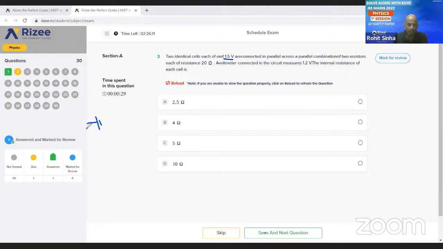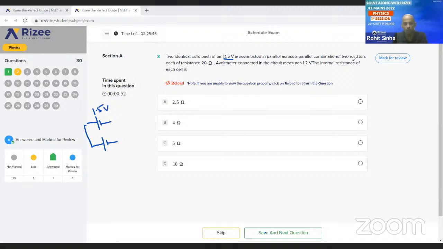Two identical cells, drawn like this, each has an EMF of 1.5 volt.